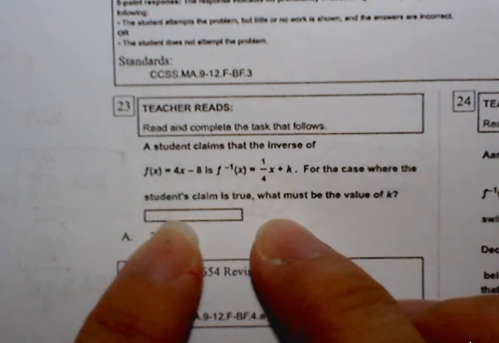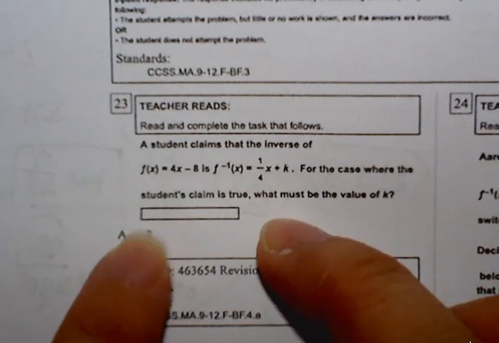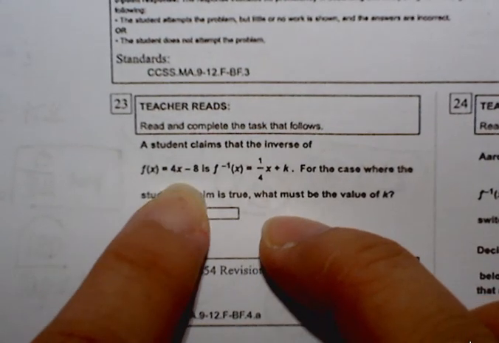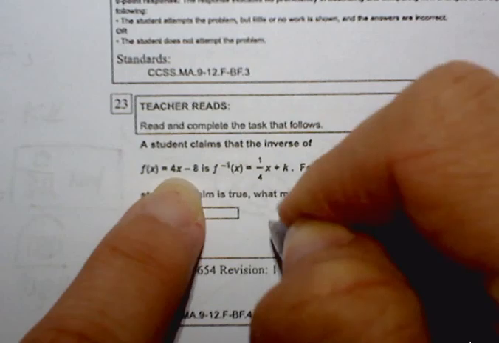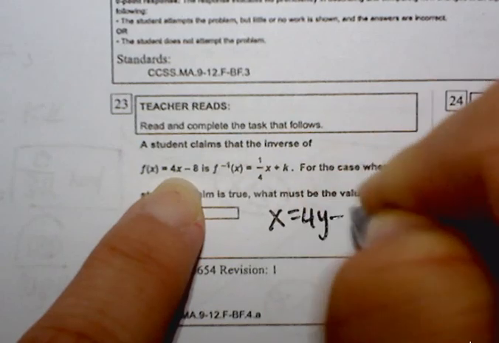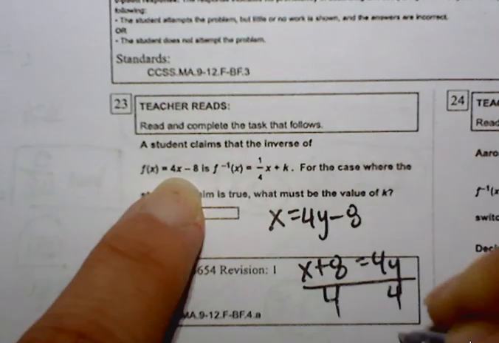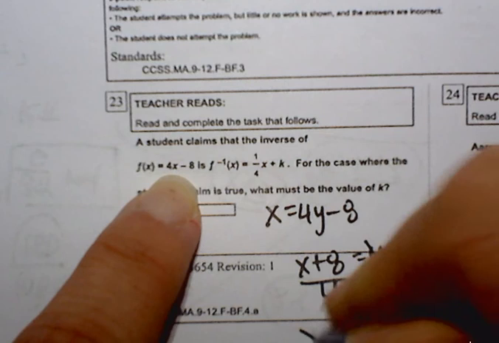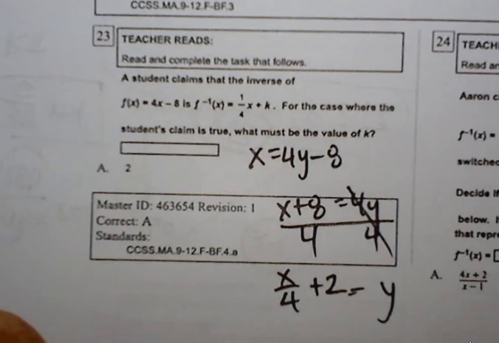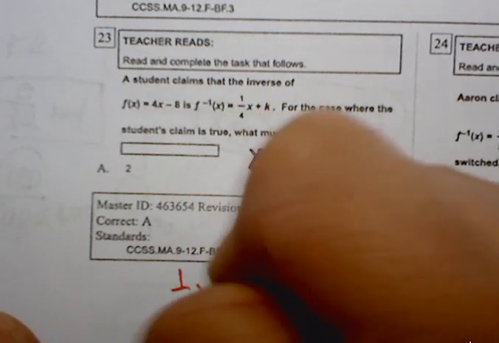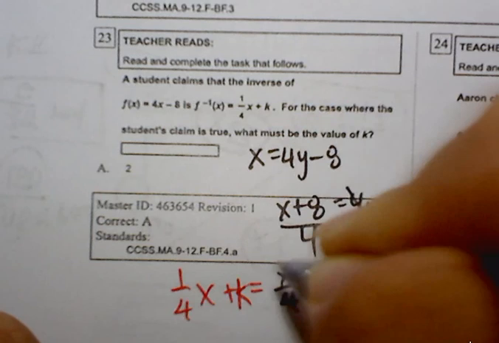Finding the inverse. Okay, so what is the inverse of 4x minus 8? Let's try it. x plus 8 equals 4y, divided by 4 on both sides, so y equals x over 4 plus 2. You get me? But they want that to equal 1/4 x plus k. Okay, is 1/4 x the same thing as x over 4?